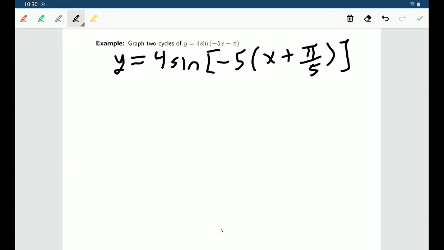All right, good. And because we know that sine is an odd function, sine of negative theta is negative sine of theta. So in other words, that negative in front of the 5, I can take that out. That would be negative 4 sine of 5 times x plus pi over 5.